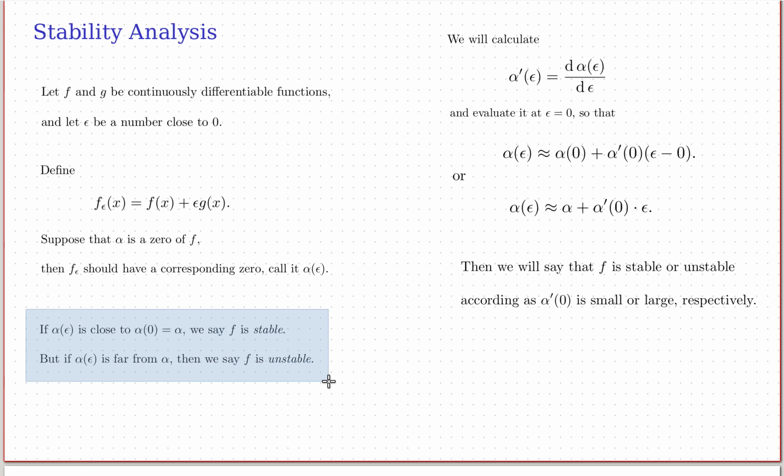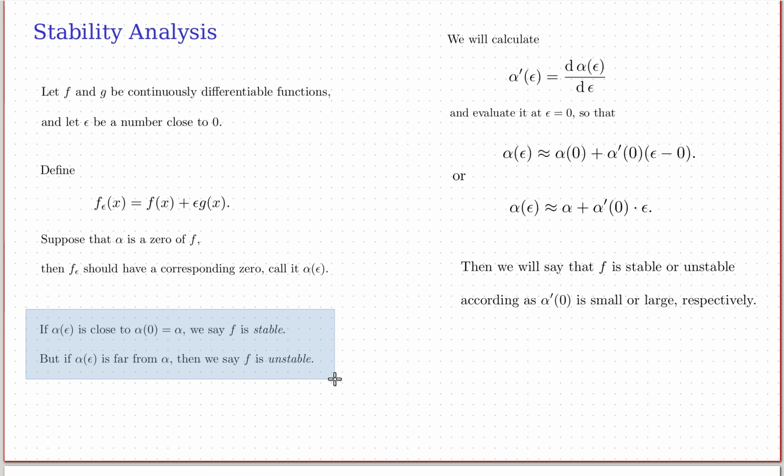So intuitively, what we want to be able to say is that if alpha of epsilon is close to alpha when epsilon is small, then we'll be able to say that f is stable. Whereas if alpha of epsilon is far away from alpha, even when epsilon is small, then we want to say that f is unstable.